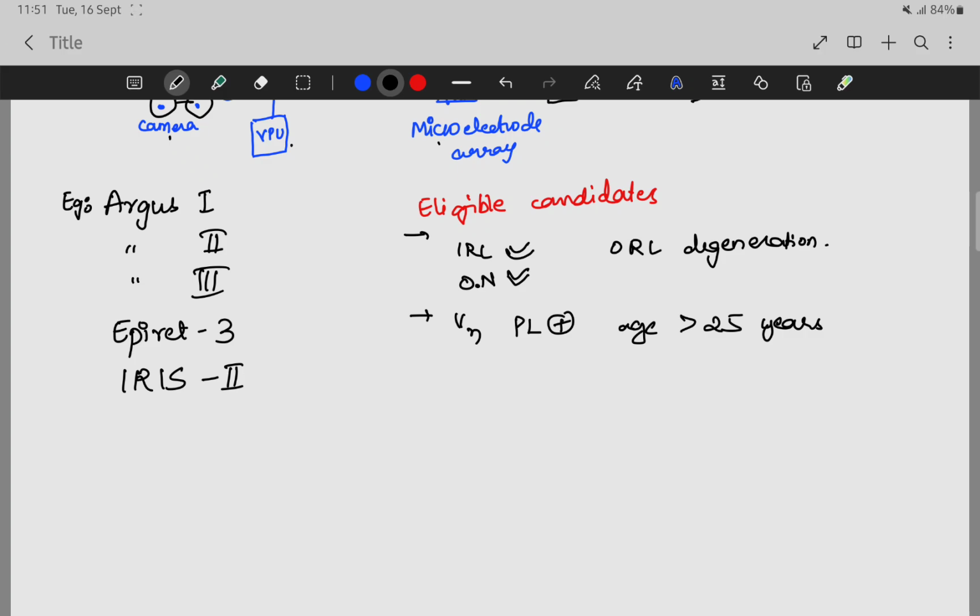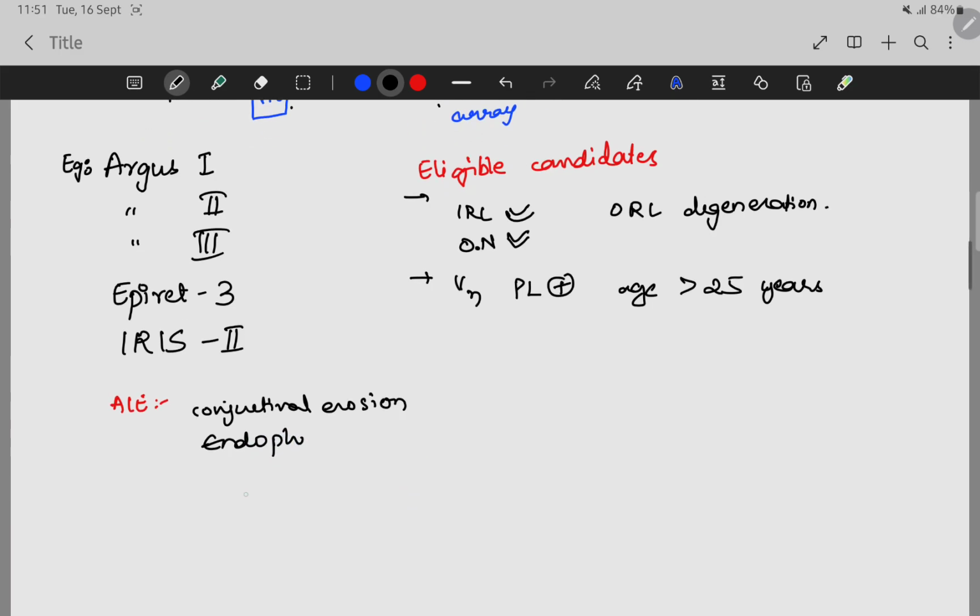So what are the side effects with this? So they can be conjunctival erosion, endophthalmitis and retinal detachments.